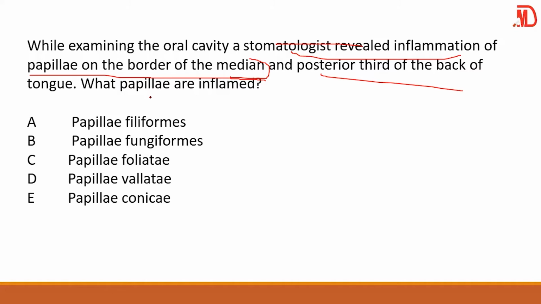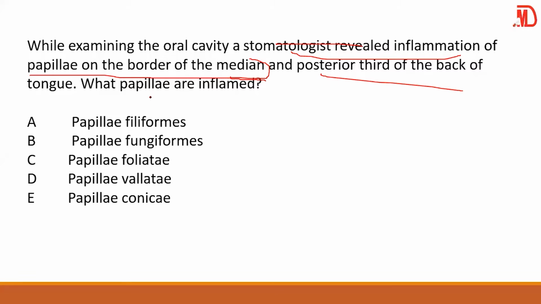Now we have the circumvallate. So these are found just anterior to the sulcus terminalis. They divide the tongue into the anterior 2/3 and the posterior 1/3, and they contain taste buds as well.